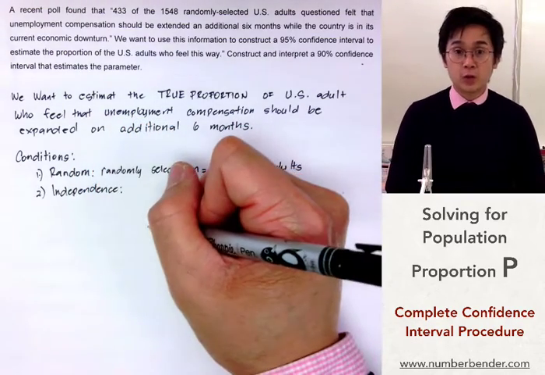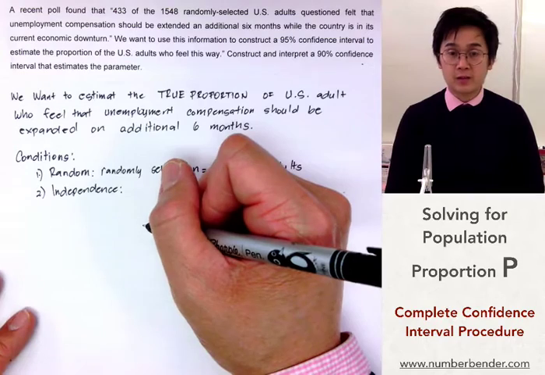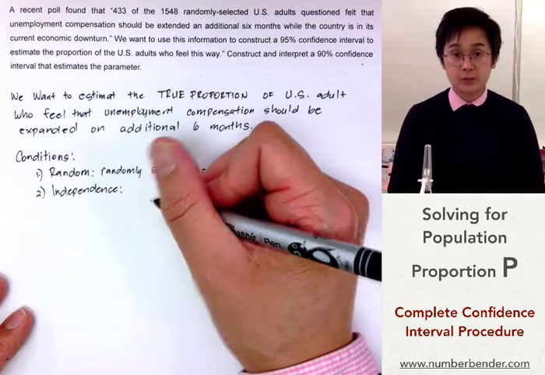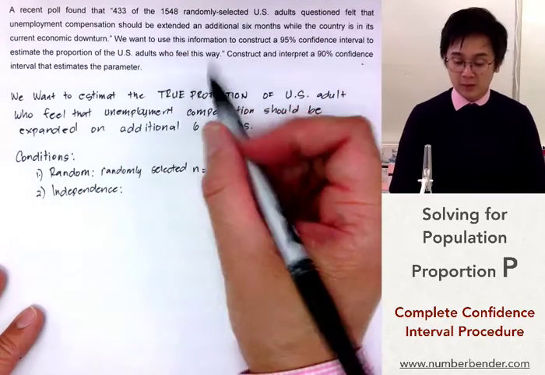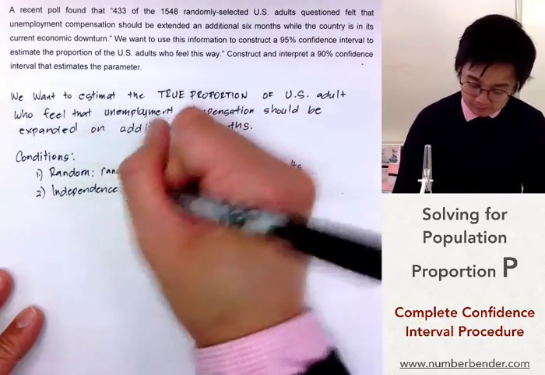And for independence, we're going to be using big N greater than or equal to 10 times the sample size, or the 10% rule.